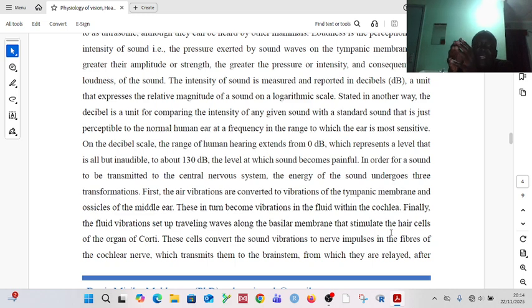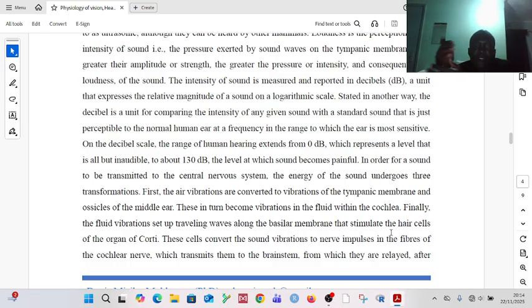For that sound to be transmitted from the environment into the brain or the central nervous system, that sound energy should undergo 3 transformations. The first, the sound is happening in the air, so it's eventually a vibration of the air.